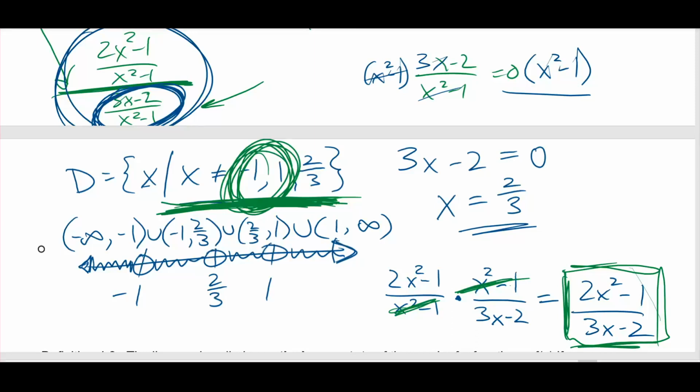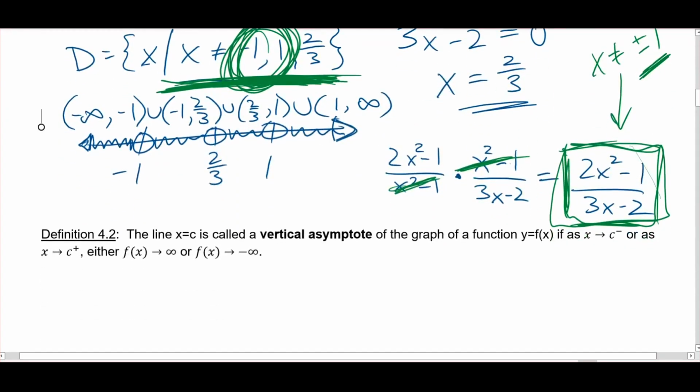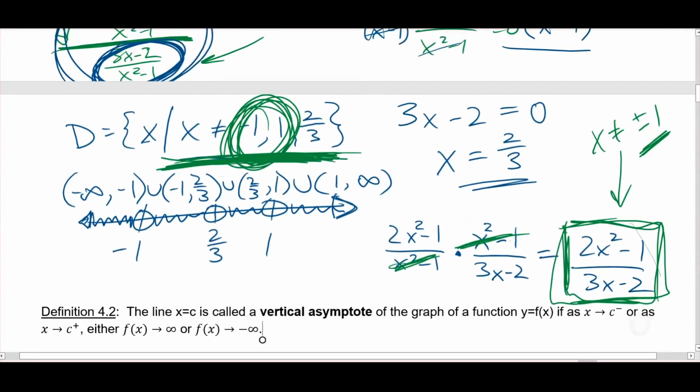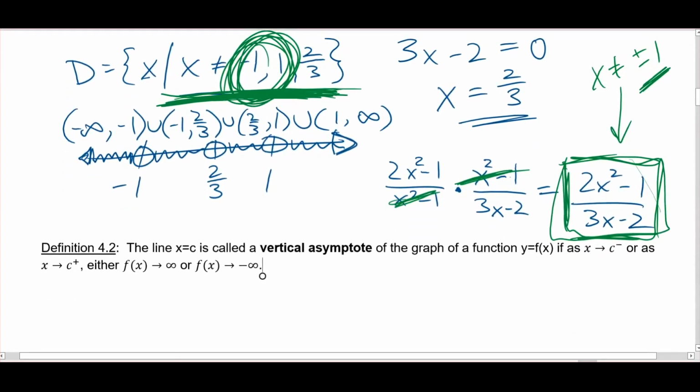And so what we're saying is the original function behaves exactly like this one, except for where x is plus or minus 1, right? So it's going to look like this graph everywhere except here, and that's just one single point. So we'll just take that point out of the graph. We'll have a better example for this in a second, but let's move on here to the next idea.